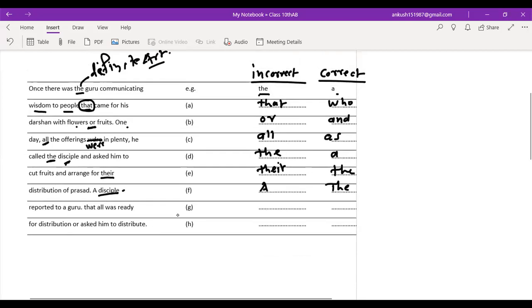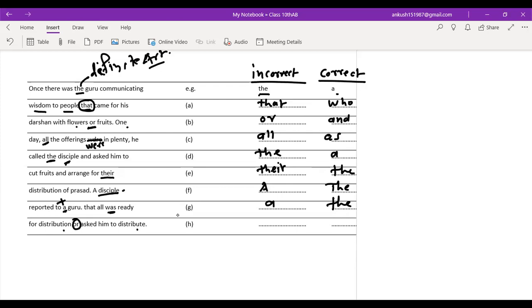The disciple reported to a guru that all was ready. Reported to the guru, a would be replaced with the. That all was ready for distribution, yes, it is correct over here, or asked him to distribute.